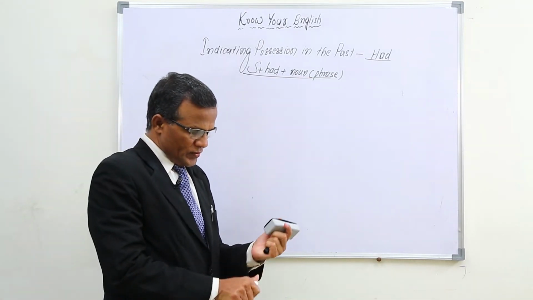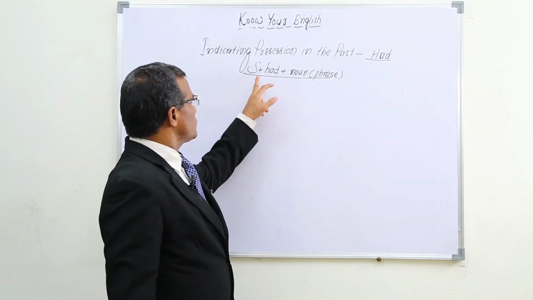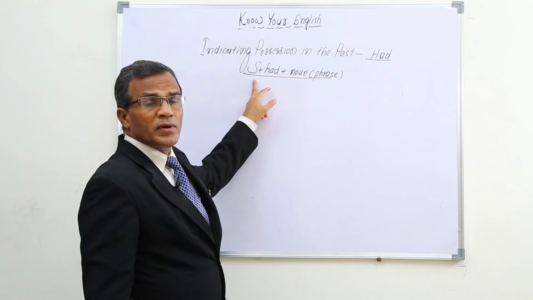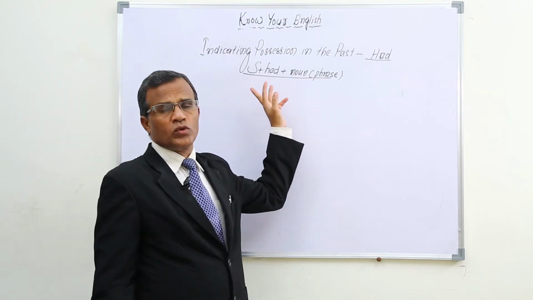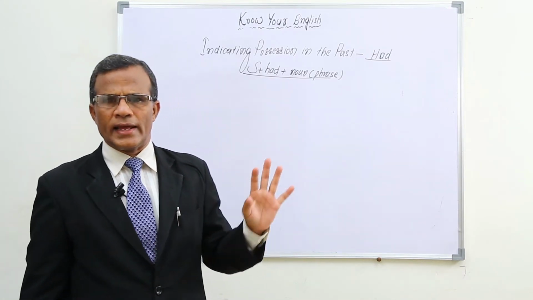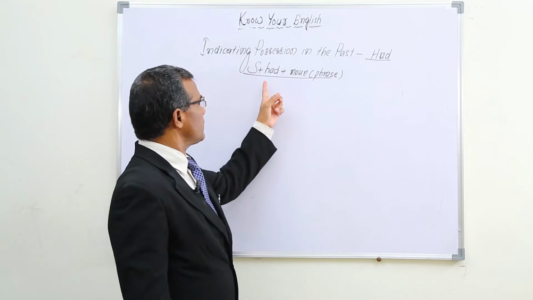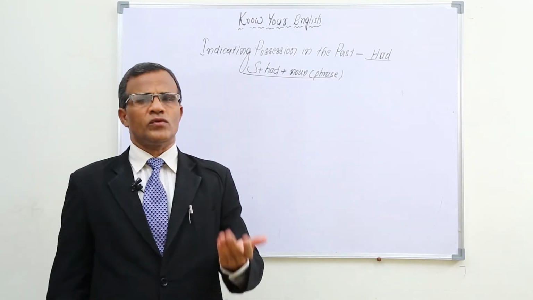In what way we use had, we are going to learn now. Whatever the subject may be, singular or plural, I, we, you, he, they, for all subjects we use only had, and after that we use any noun or noun phrase.